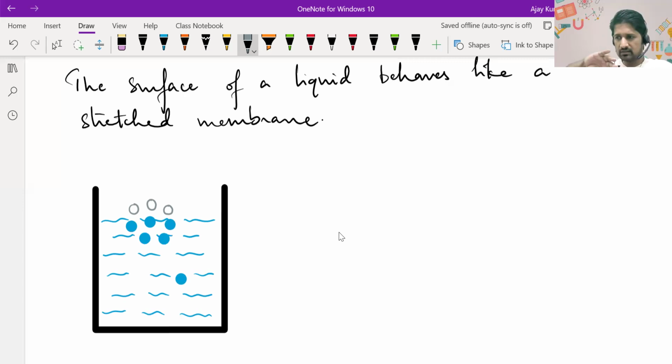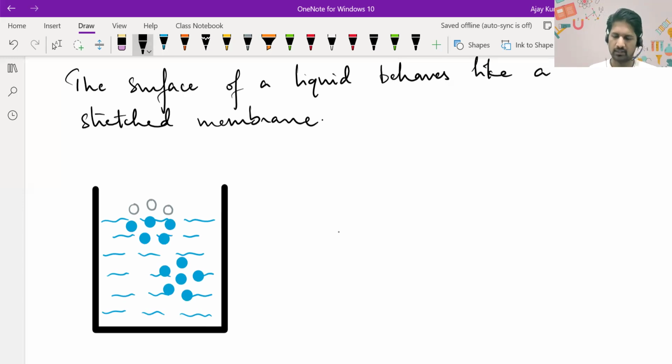So its surroundings are not uniform. But the molecule in the bulk of the liquid is surrounded by like molecules on all sides. So there is a difference in the surroundings of the surface molecule and the molecule in the bulk of the liquid.